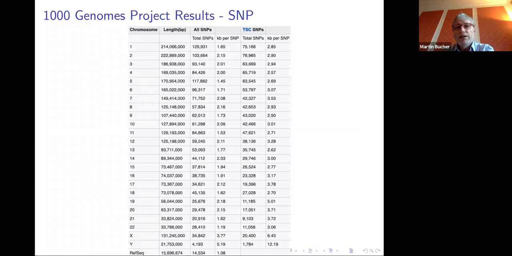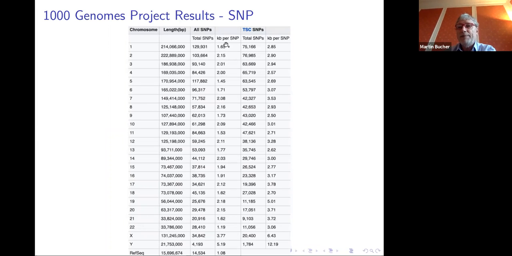So let's look at, I mean, these are just tables to give you sort of orders of magnitude. Describing the differences between genomes is a bit complicated, because there are different things that can happen. But most of the differences are just single nucleotide polymorphisms, which means just one base changes.